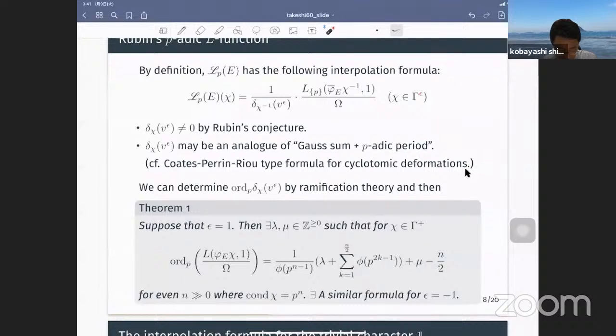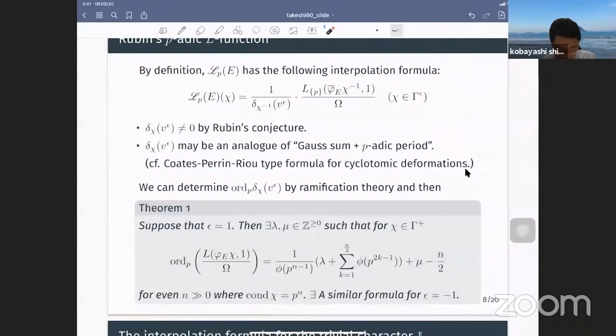The conductor is p to the power n. We can show that if the bottom is not divisible by p, then lambda and mu should be 0.